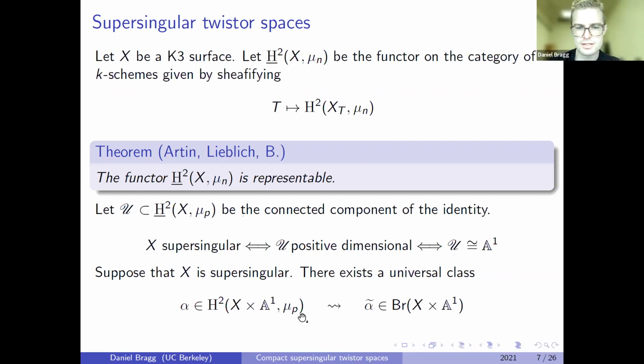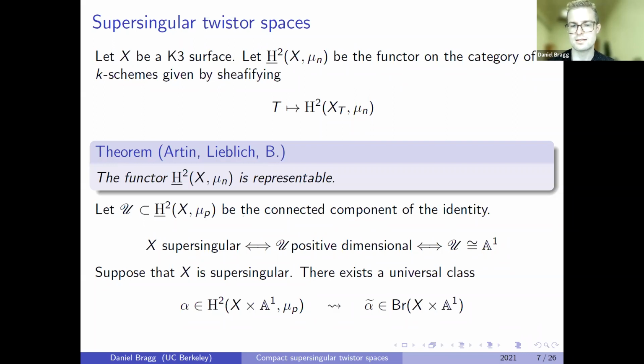Okay, so one consequence of this representability is that there's an interesting class α in this cohomology group, or you could also look at its associated class in the Brauer group. I call that α̃ here. That's a class in the Brauer group of X × A^1.